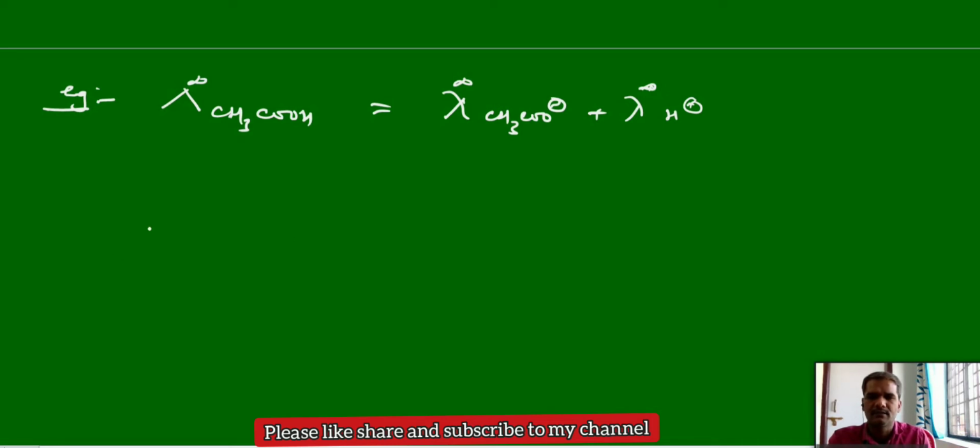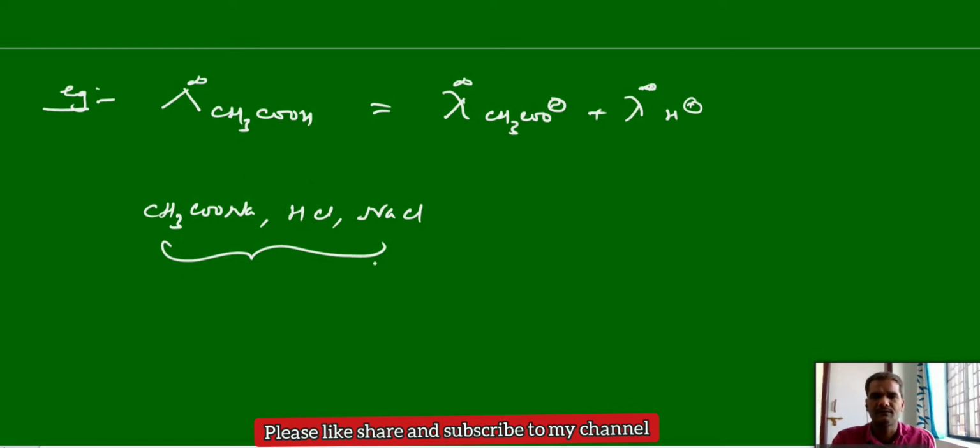Let us take the salts like this: sodium acetate, HCl, NaCl. Anyhow, these three are strong electrolytes. For strong electrolytes, we can calculate the molar conductance or equivalent conductance at infinite dilution experimentally, that we know.